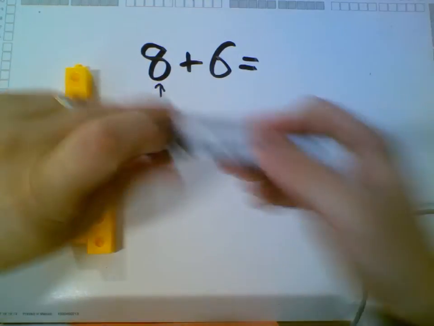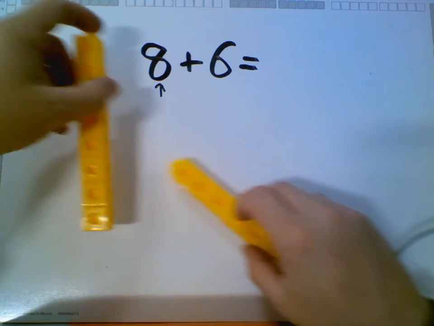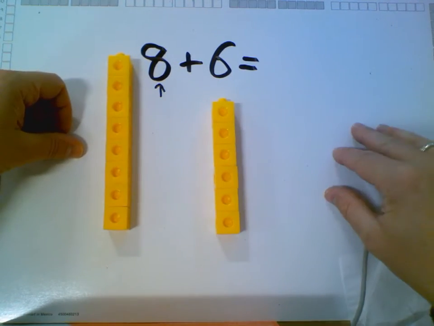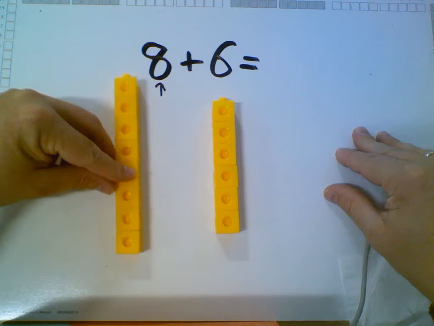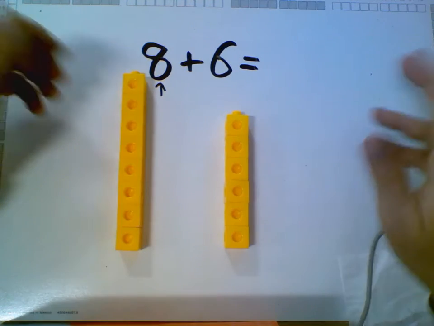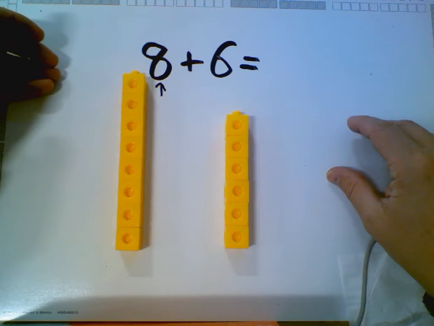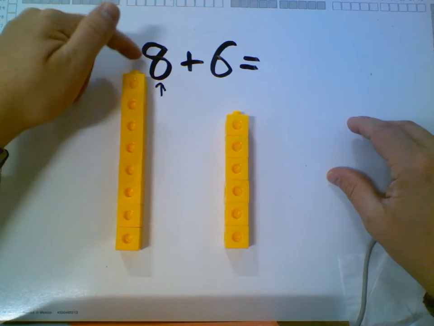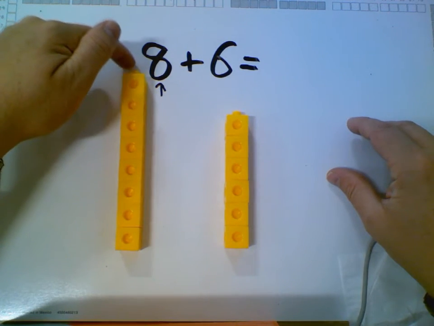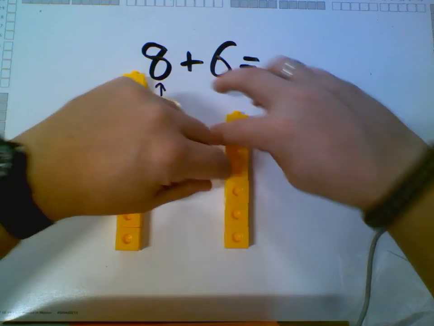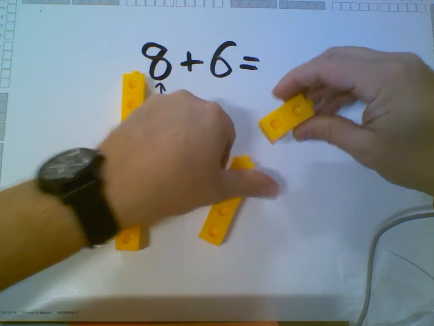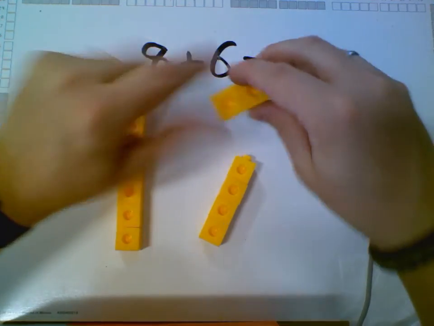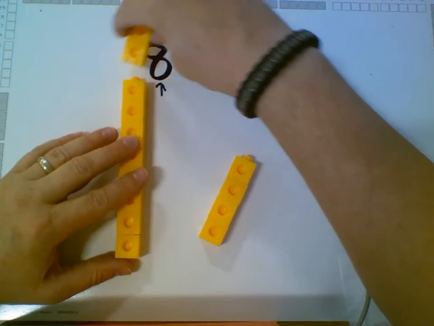So what if we had 8 blocks here and 6 blocks here, and we wanted to add them together, but it was easier to add something to 10? We can make a 10 using these 8 and 2 of these, because we know it would take 2 more to make 10.